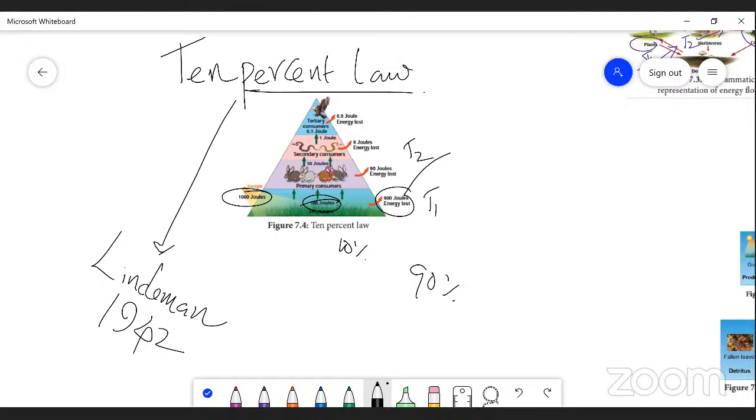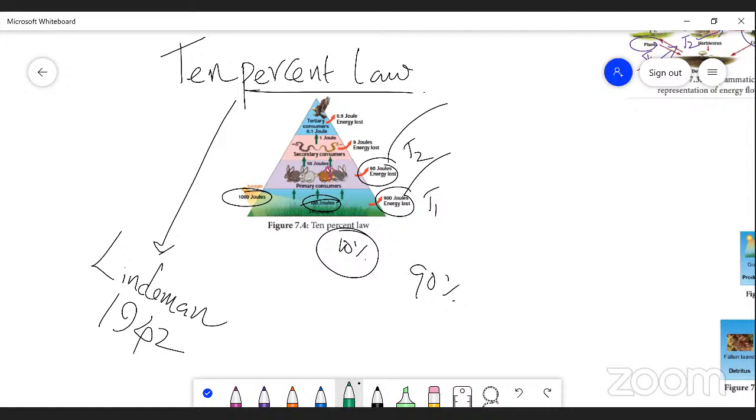This is occupying the second level of an ecosystem, in which, out of 100 joules transferred to T2, the organism of T2 receives only 10 joules according to the 10% law. The remaining 90% is lost, hence 90 joules are lost in the form of heat. Only 10 joules are utilized and stored in the organism of T2.